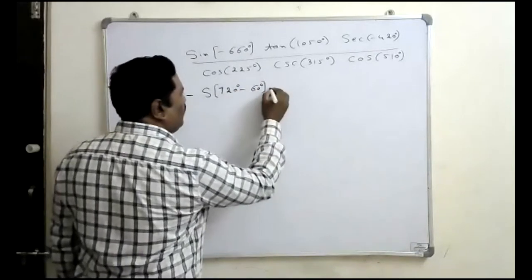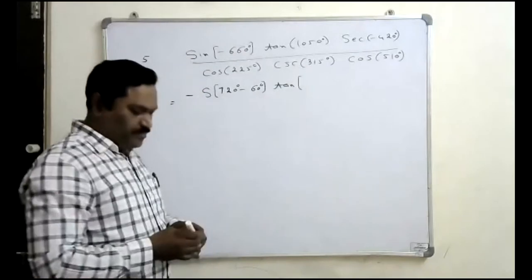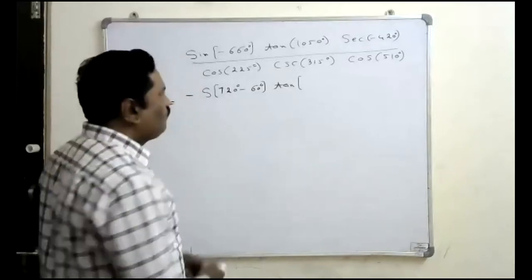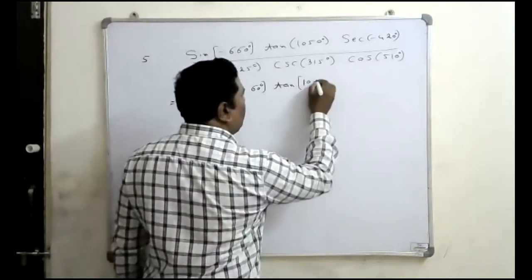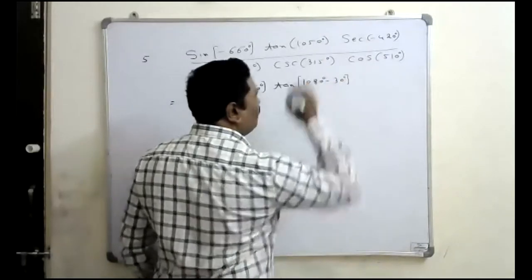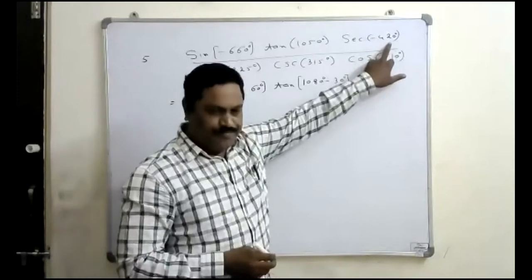Like that we can express it. Then tan of 1050. What is the nearest quadrant angle to this 1050? 1080. 1080 minus 30. Like that we can express it. And it is secant of minus theta form.